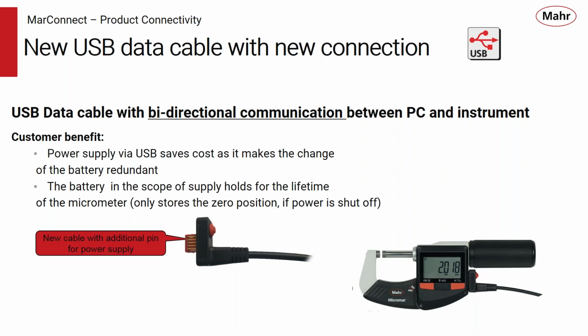So there's no more battery changing required for these micrometers when they're plugged in, because they're getting their power from the computer itself. The battery is only there to store the zero position, which is very low power, and that battery will last for multiple years even if it was always plugged into a USB device.